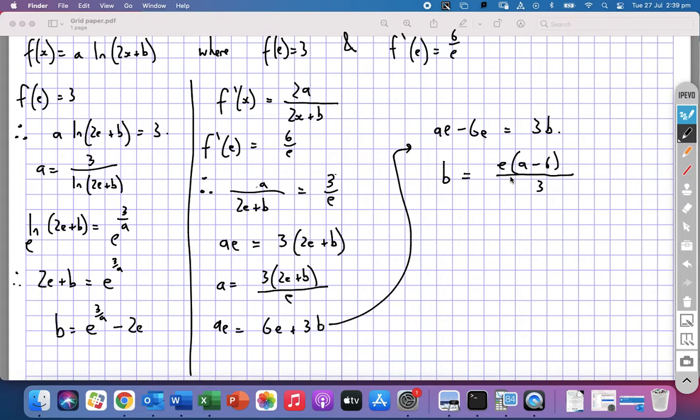So I'm thinking we call this equation 1 and call this equation 2. And we'll sub 1 into 2.